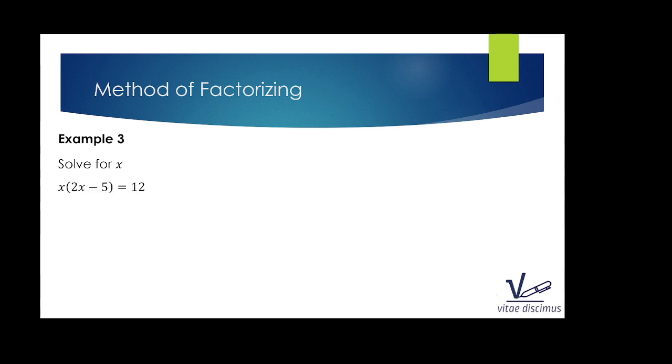Here's example number 3. Solve for x. You should be able to see that our equation is not in standard form, so we first manipulate it to put it in standard form.